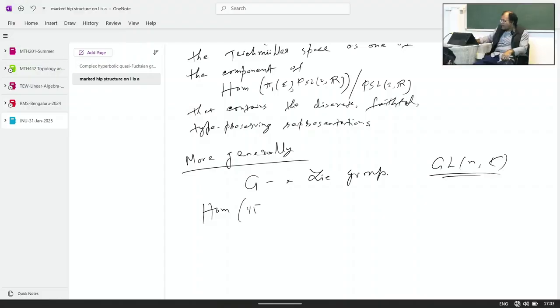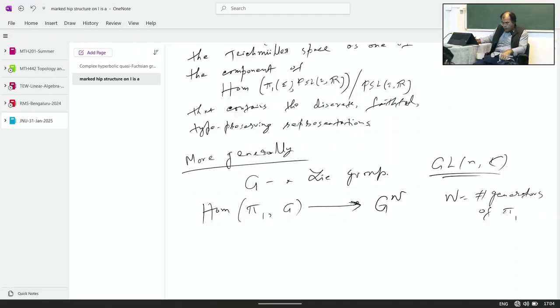Then Hom(pi 1, G): there is a map from Hom(pi 1, G) to G to the power n, where n is the number of generators of pi 1, the fundamental group of a surface.